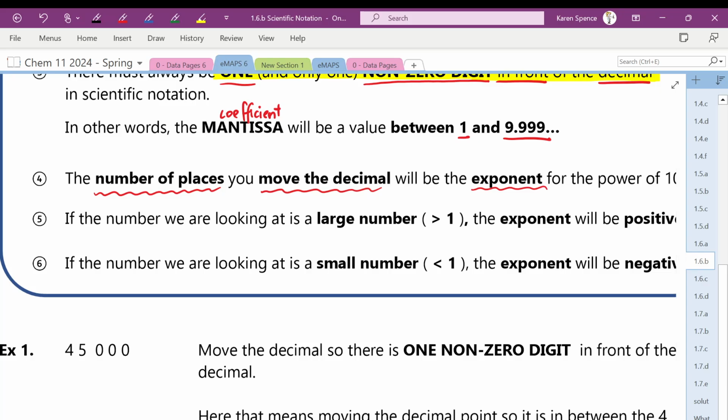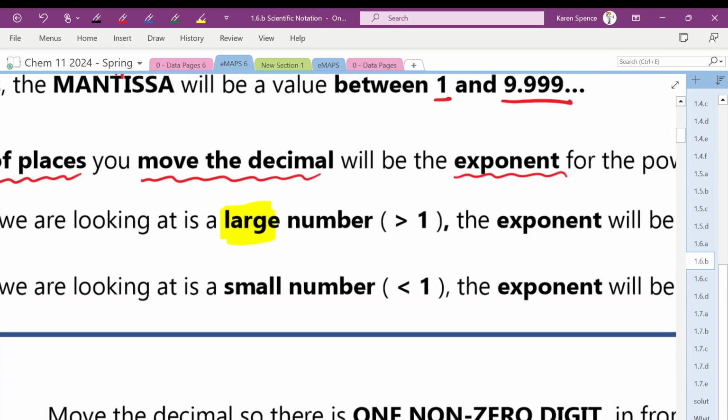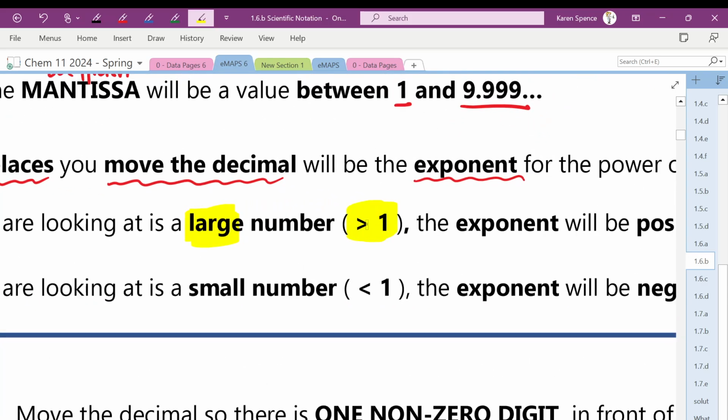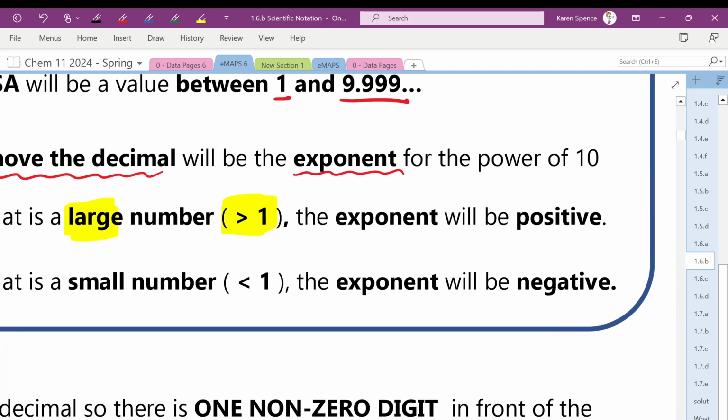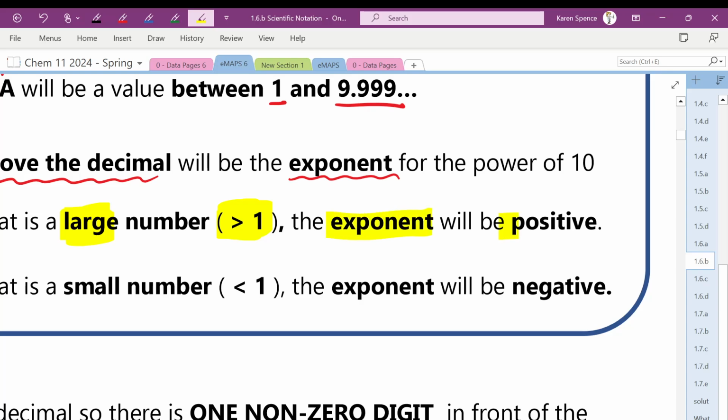Finally, if we have a number which is a large number, and what do I mean by large? I just mean that it is greater than 1. Then the exponent is going to be a positive value, okay? So if we have a number that is greater than 1, our exponent is going to be positive.